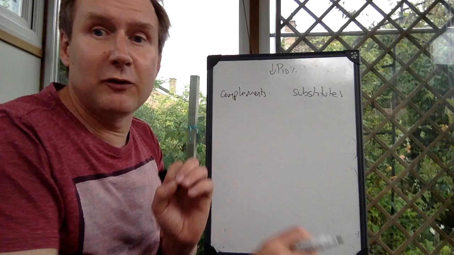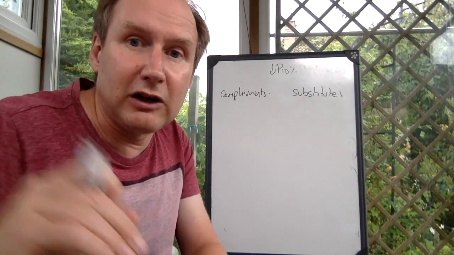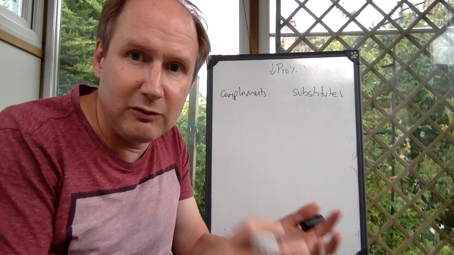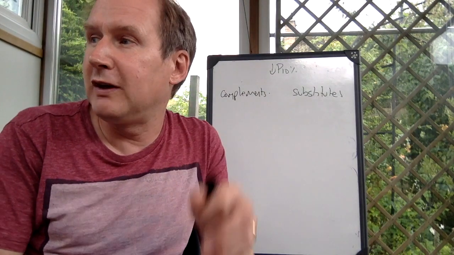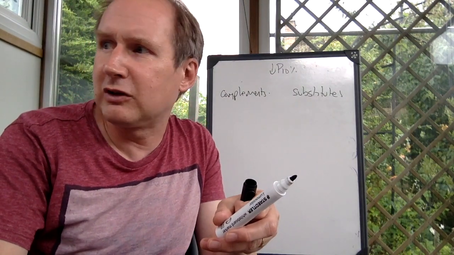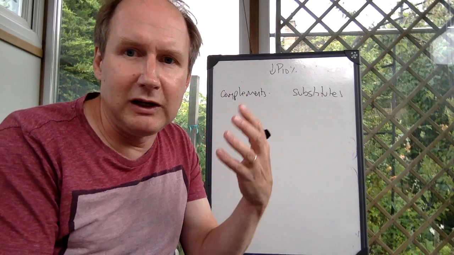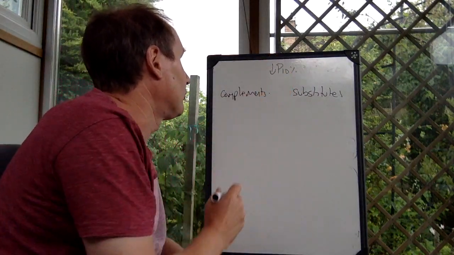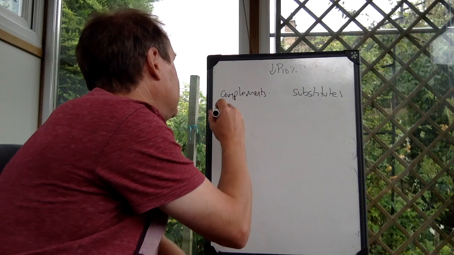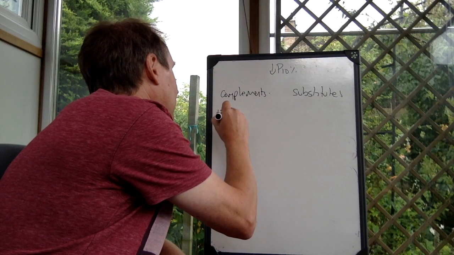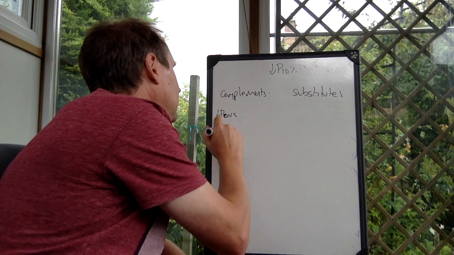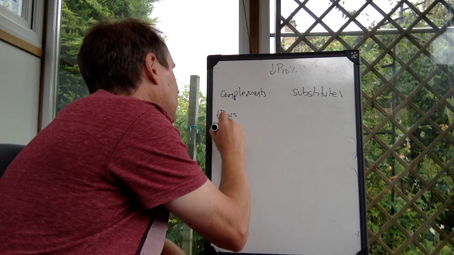So, if the complements are really, really close, something that's really well linked, two products that fit together particularly closely, then we might say, we get a very strong response. Suppose there is a big decrease in the price of cars, then you might say there'll be a big increase in the demand for petrol.